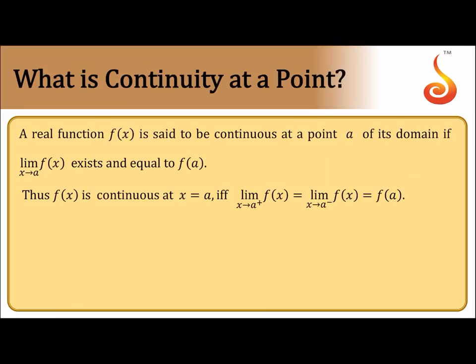Next, now we come to the basic definition. A real function f of x is said to be continuous at a point a of its domain if the limit as x tends to a of f of x exists and is equal to f of a. I'll explain this elaborately.